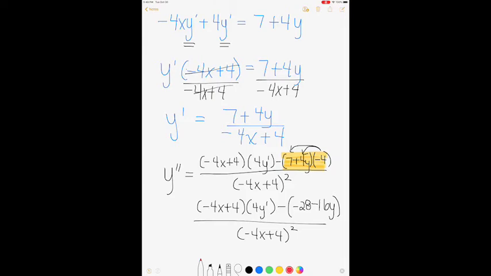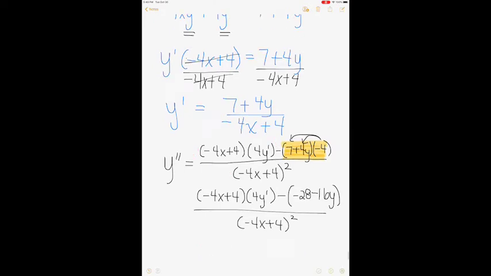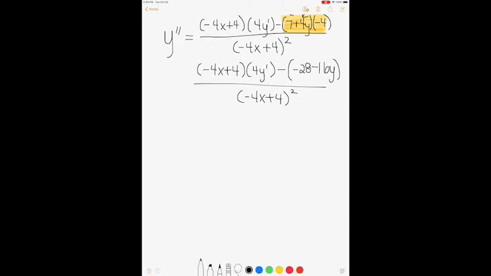Now, I hope none of you tried to cancel out these two things. You cannot do that because of the subtraction sign. You can only cancel out terms if it's all multiplication. So don't do that yet. All right, let's keep this moving. Minus negative 28 will be plus 28, and minus 16y will become plus 16y.